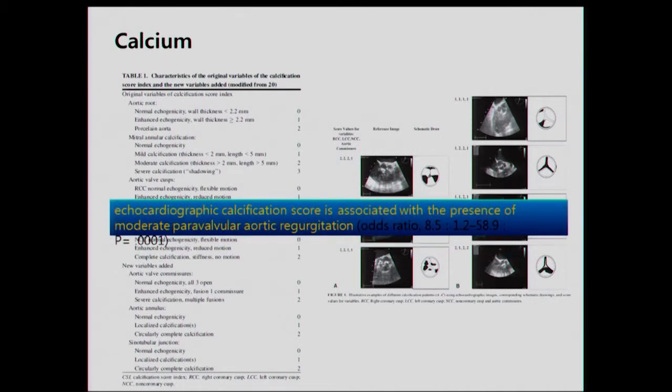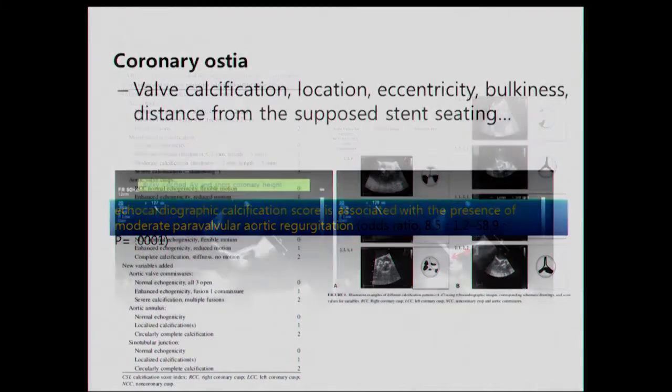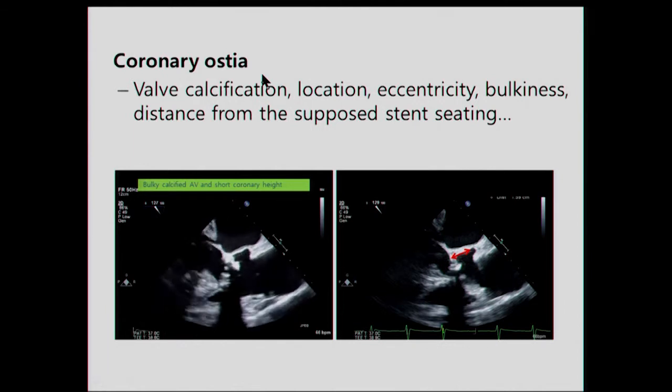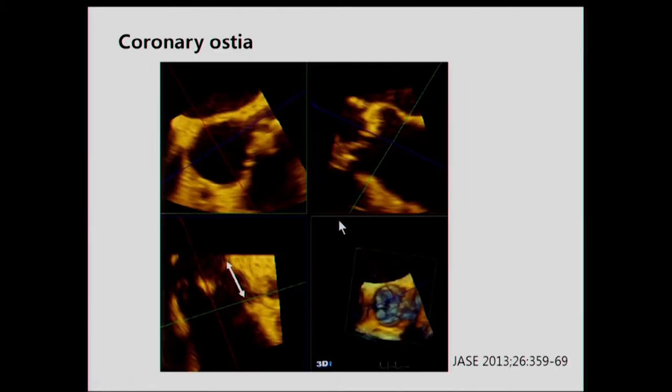Some aortic valve calcification studies showed echocardiographic usefulness to predict paravalvular AR. Because the coronary ostium might be compromised during TAVR, valve calcification, location, eccentricity, bulkiness, and distance from the supposed stent seating should be sought by 2D and 3D echo.